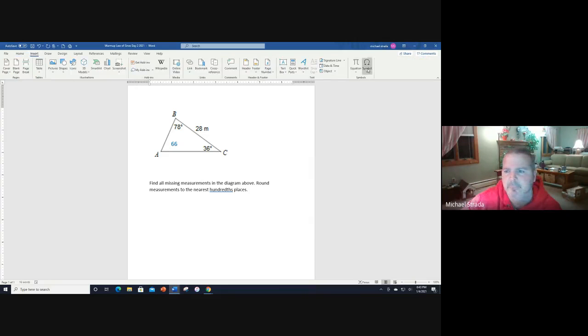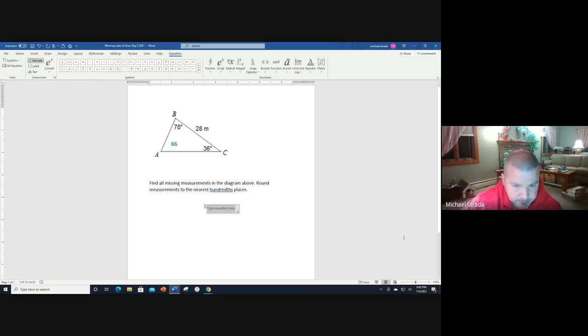So when we set it up, we can put the side or the angle on top. It's not going to matter. If I take little b, which is segment AC, and put that over the sine of the angle opposite it.